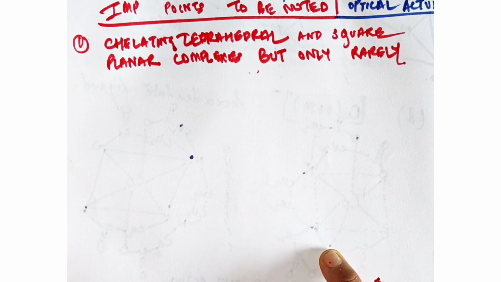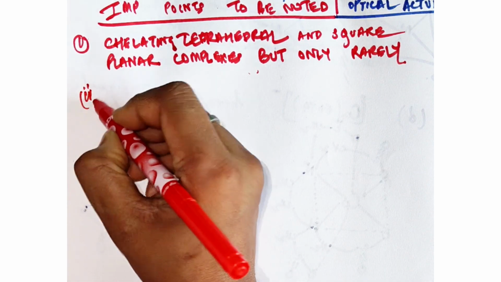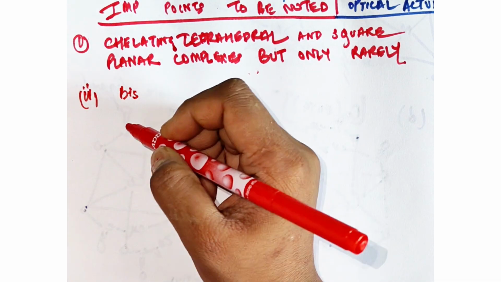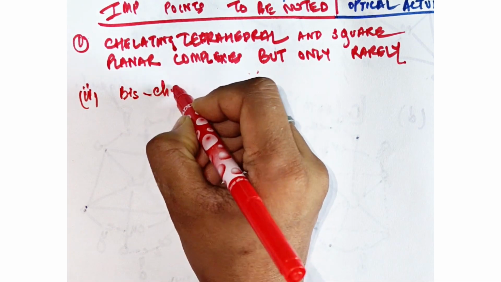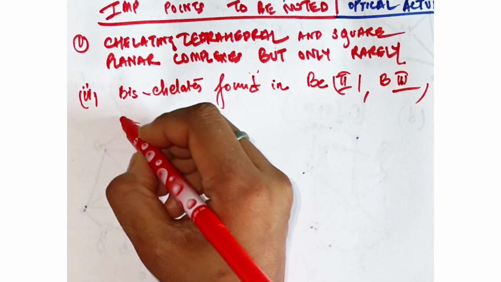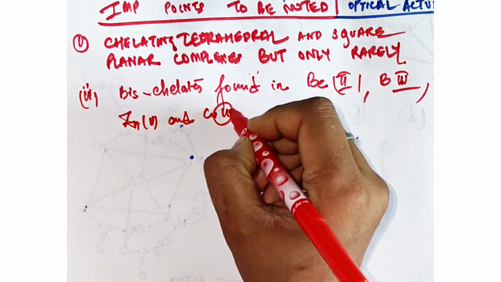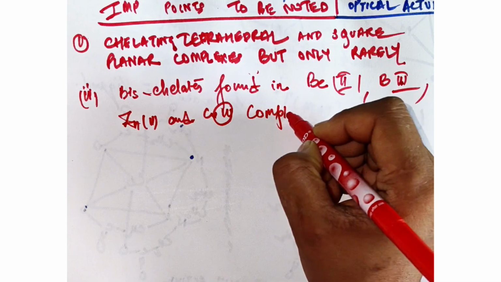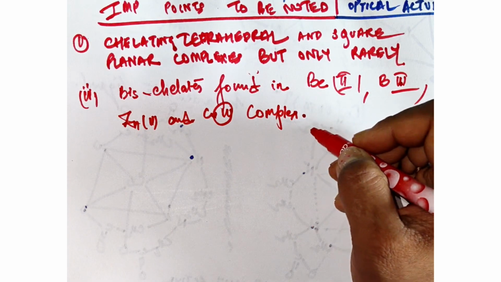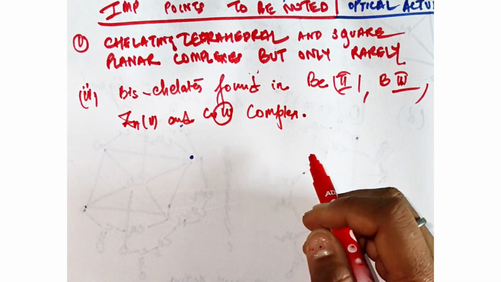In tetrahedral complexes, the only type which occurs is the bis type, called bis chelates, for example zinc 2 and copper 2 complexes. In these complexes you can see optical activity.